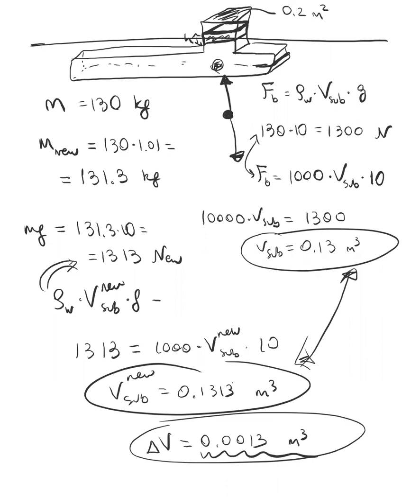So surface area is 0.2, 0.2 times h must be equal to this. From here, I can find my h. H is 0.013 divided by 0.2. And I get 0.0065. So this many meters, or 0.65 centimeters.